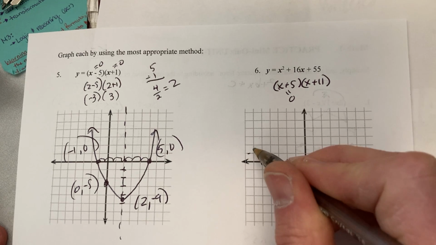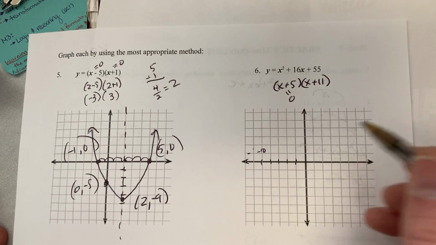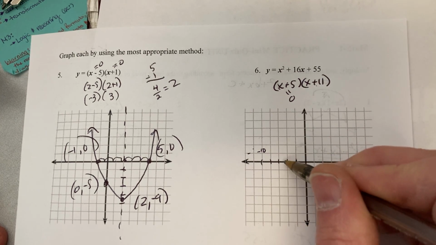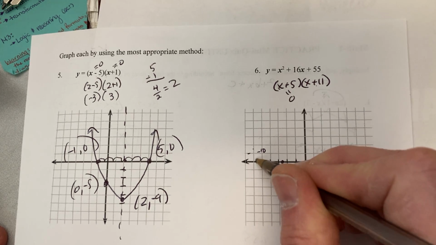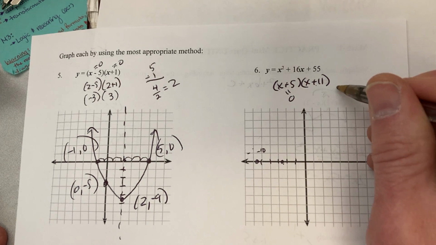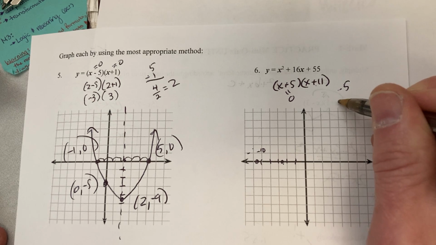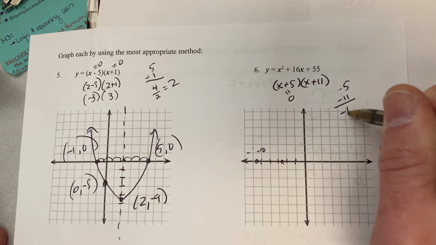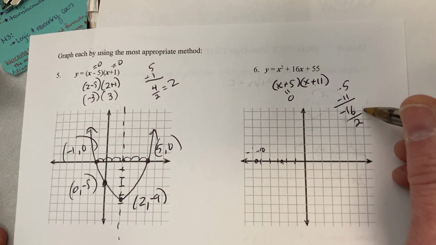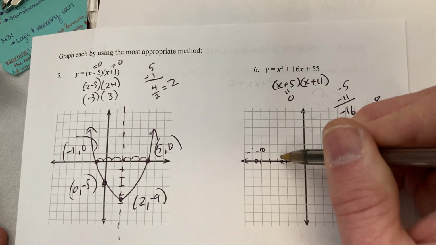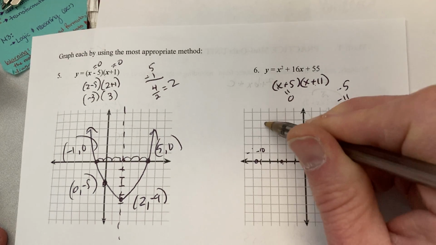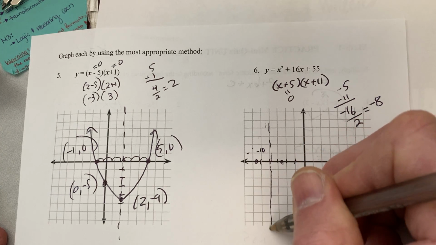There's negative 10. Oops, negative 10. So I'm at negative 5 and negative 11. So I can do negative 5 and negative 11, add them up, negative 16, divide that by 2, I get negative 8. So 2, 4, 6, 8, halfway in between those dots.